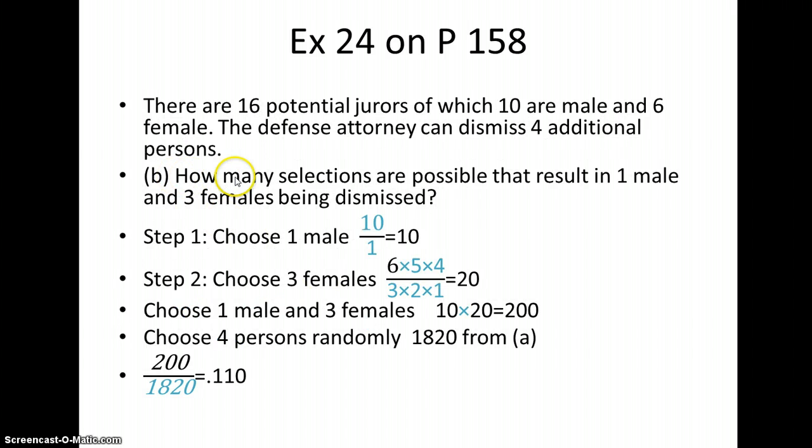And part B: how many selections are possible that result in 1 male and 3 females? In this case, we want to dismiss 4 persons, but we want to dismiss 1 male and 3 females. So step 1, we dismiss 1 male. Because we have 10 males, there are 10 divided by 1, that's 10 different ways. Step 2, we choose 3 females.